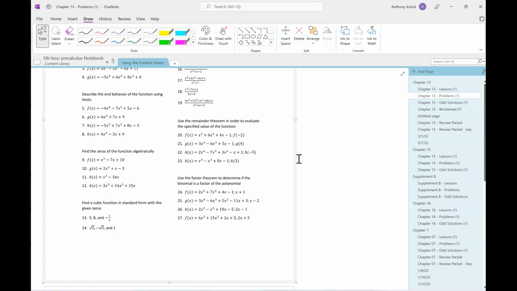So again, wanted to point out to you guys that the odds are pretty fair that you'll see the homework quiz for this chapter on Wednesday. You'd be looking at just really section 1 questions.